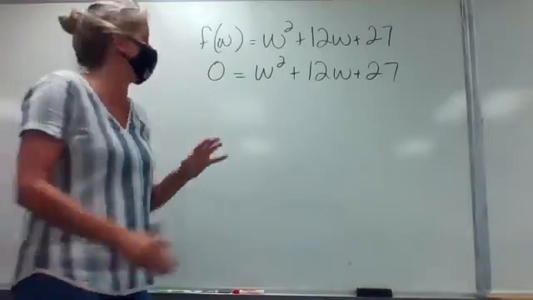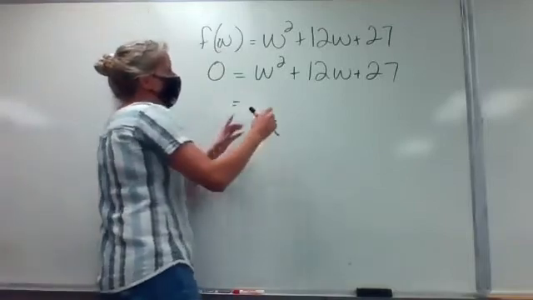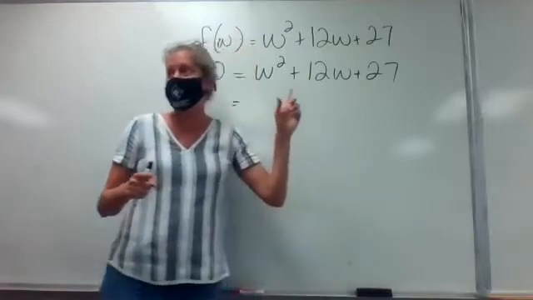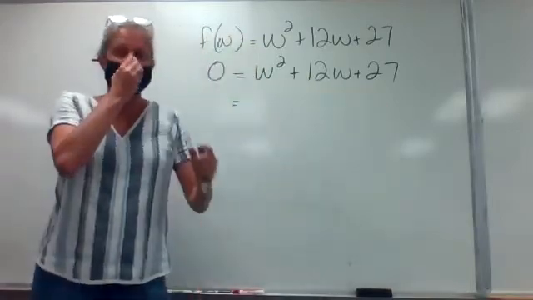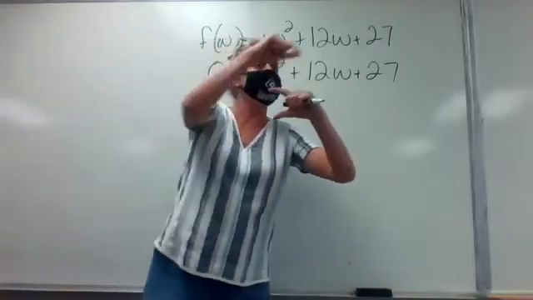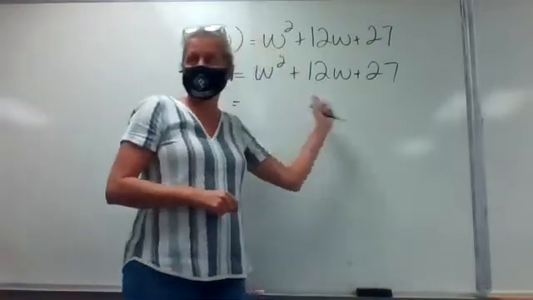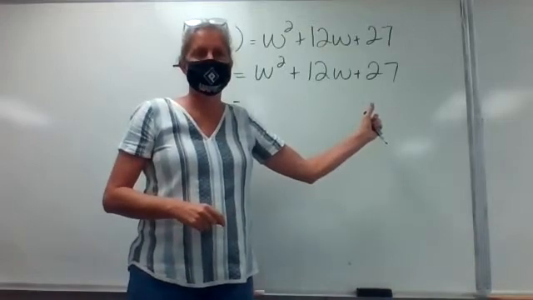And what you're doing when you're factoring is you're saying, okay, what did they multiply together to get w squared plus 12w plus 27? What parentheses did they FOIL to get this answer?